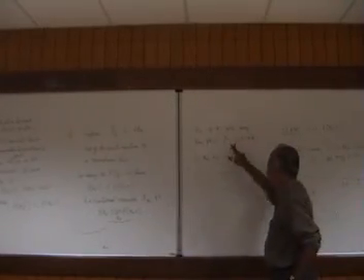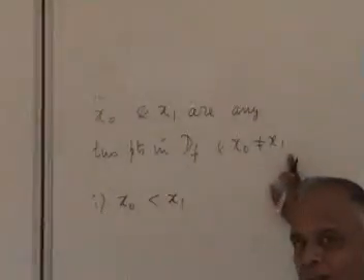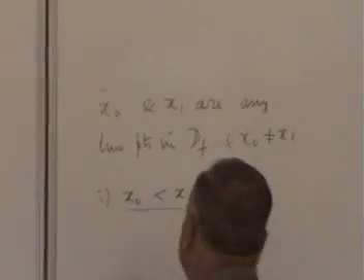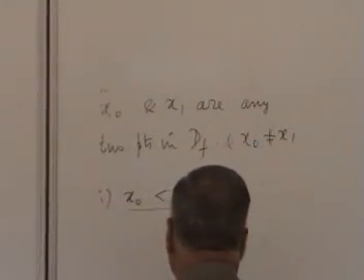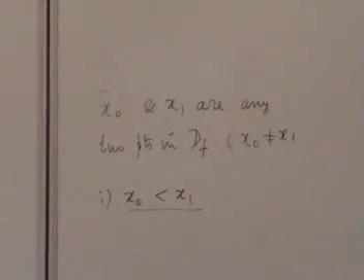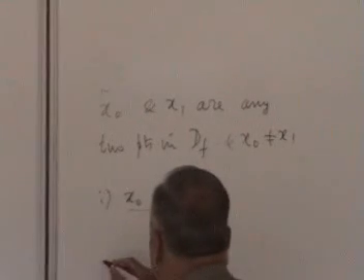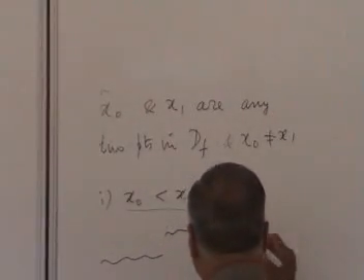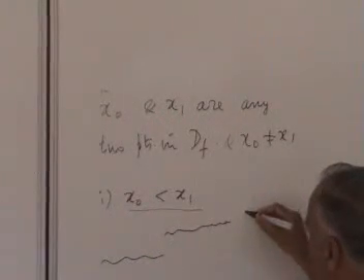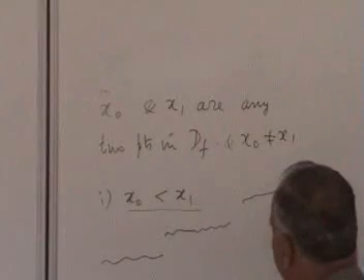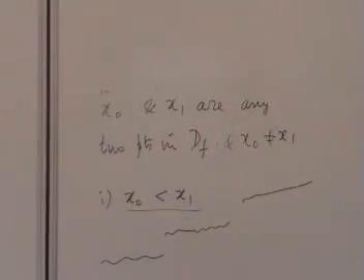So we have two real numbers which are not equal, then either one is less than or greater than the other. So let's take this case. Here is x naught. Here is x1. Now it's very clear the curve will be something like this. This is what would happen to the limits that you look at.